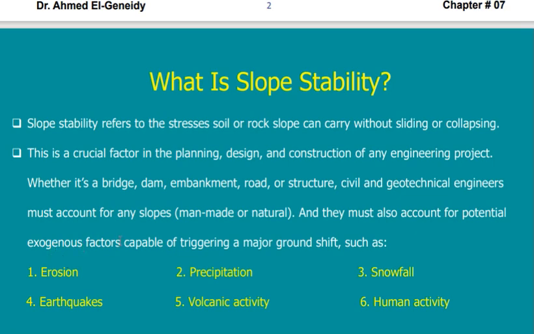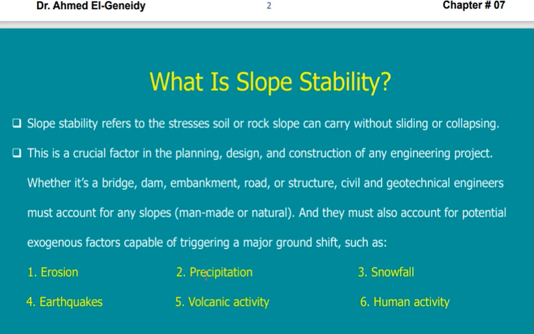And they must also account for potential exogenous factors, which means the factors coming from outside, capable of triggering a major ground shift or a major ground slide. These are external factors, because, as I said, it's not only the own weight of the slope. No, there are many other factors. Suppose you have an eroded slope, and it is affected by rainfall, and this rainfall will induce erosion for this slope.